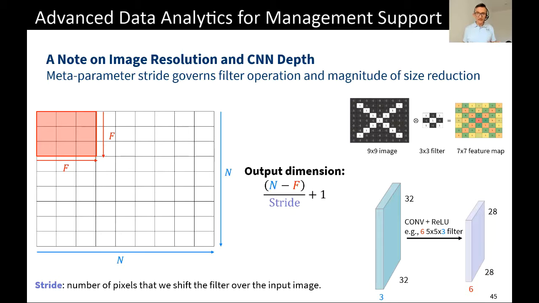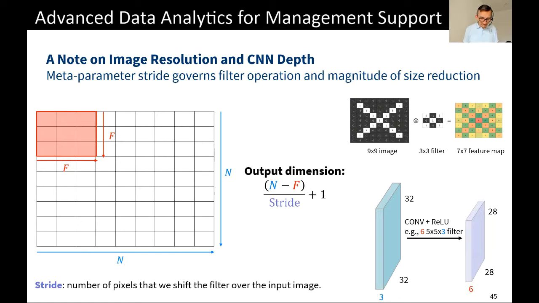And if our filter has some dimension f by f, and our image has some dimension n by n, then we can calculate the output dimension as (n minus f) over the stride, plus 1, which would give the values we have seen before, how the 32 by 32 image came down to a 28 by 28 feature map, always ignoring the depth dimension, because that's not our concern, as we've seen before. That follows by the choice of other metaparameters.